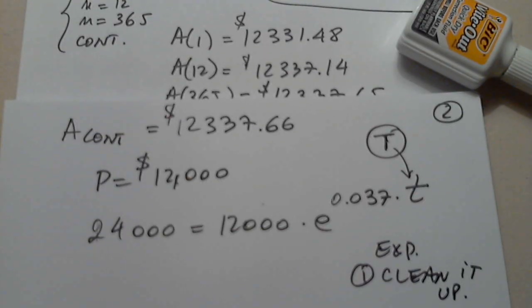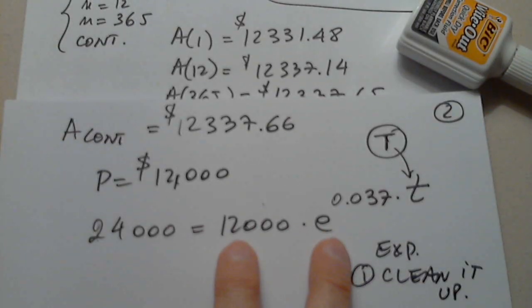Assuming you don't know anything about exponential equations, what would you think of doing? Can you multiply the e with 12,000? You mean these two? Yeah, since it's a constant.